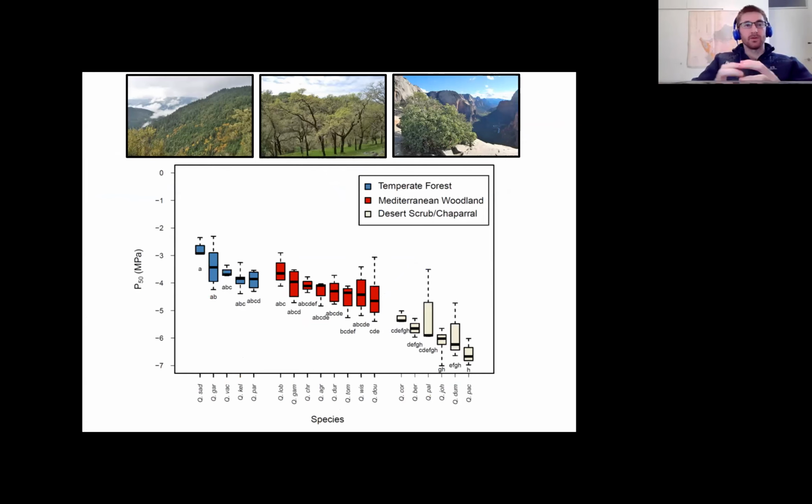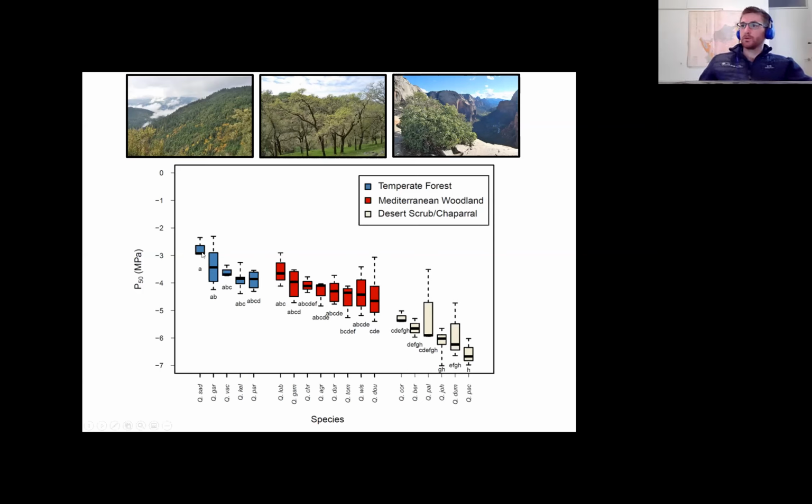Plants of the temperate rainforest in the Pacific Northwest tend to be more vulnerable in terms of P50, so they tend to have P50 that's closer to 0, indicating that they're more vulnerable than species that occur in Mediterranean chaparral, Mediterranean type scrub, or desert scrub, as indicated by the species here. And then the oaks of the Mediterranean woodlands in California tend to be intermediate in terms of their P50.